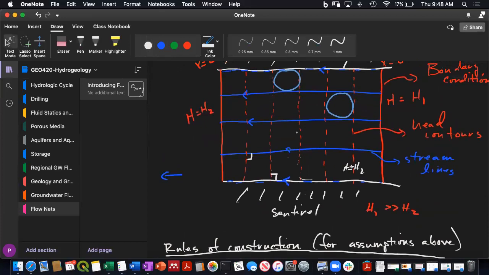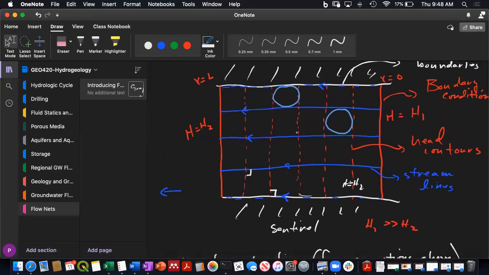So the number of head contours and the number of streamlines are not independent. There's no right or wrong number of them as long as they make curvilinear squares. All right. So I could have drawn 5 streamlines and then had more head contours, right? Some hints, it's always easier. The fewer streamlines and head contours you have, the better usually.